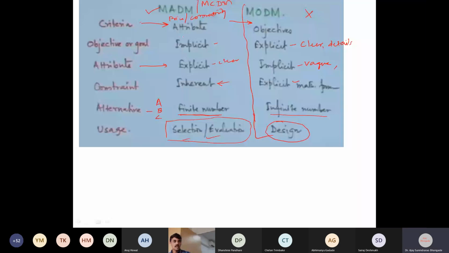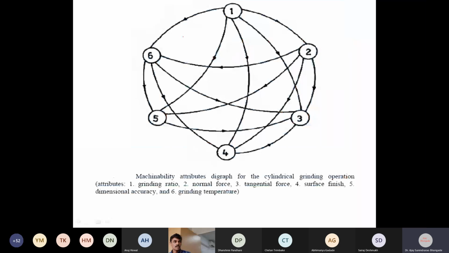Now, let us try to understand the significance of this particular graph and what it has been used for. Take an example where we want to talk about machinability attributes. When I talk about the machinability of a material, let us say I take the material cast iron. What is the machinability of that particular material? The machinability can be affected by various attributes, various features of that material.